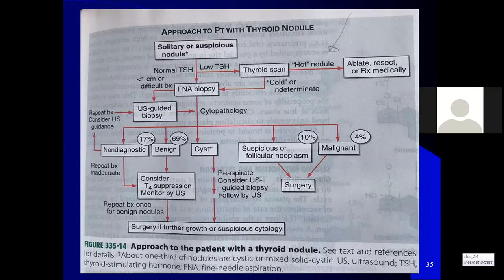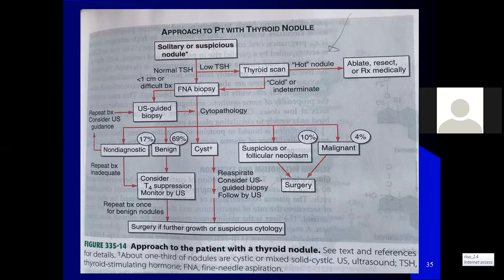But if there is normal TSH in a solitary nodule, then we have to do the fine needle aspiration biopsy. But if the nodule is less than 1 centimeter or difficult to biopsy, at that time USG guided biopsy should be done for the cytopathology.